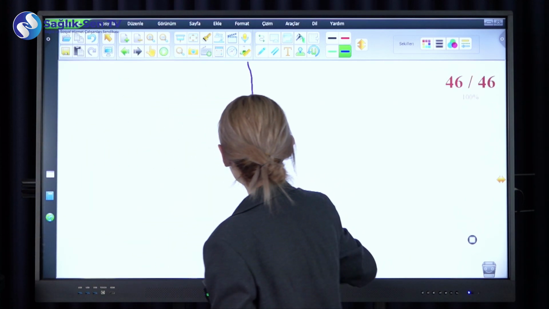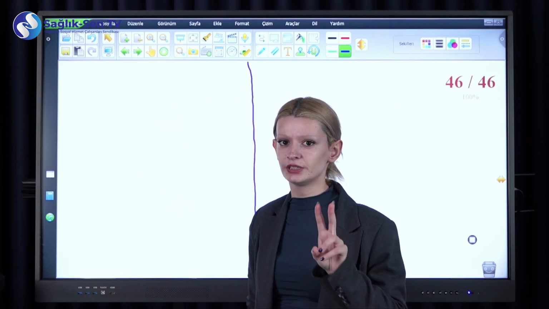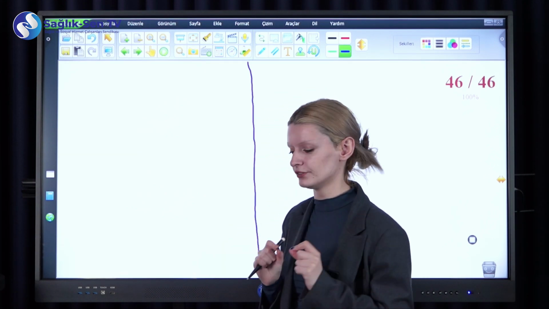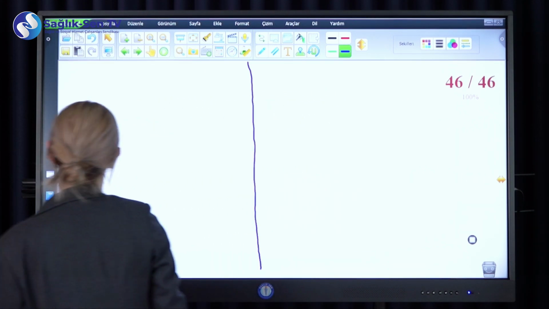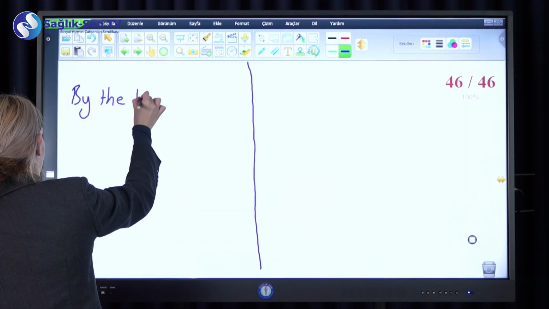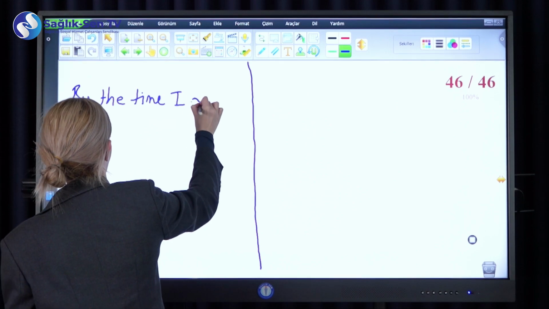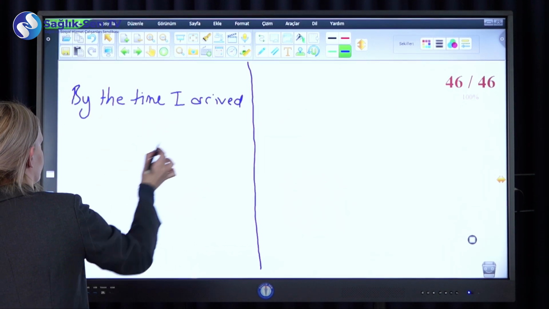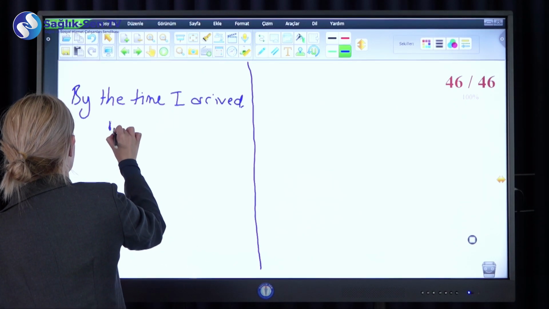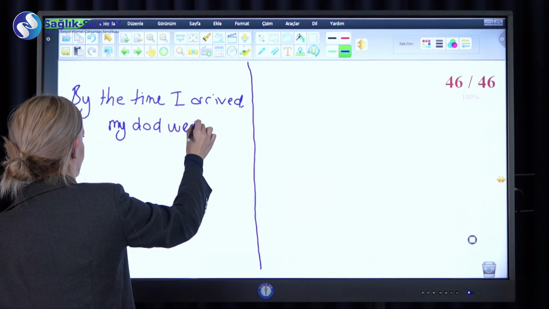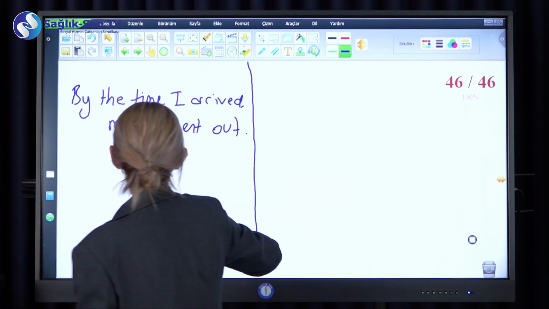I am going to write two sentences using two different tenses, and I want you to pay attention to the meaning difference between them. By the time I arrived, my dad went out.